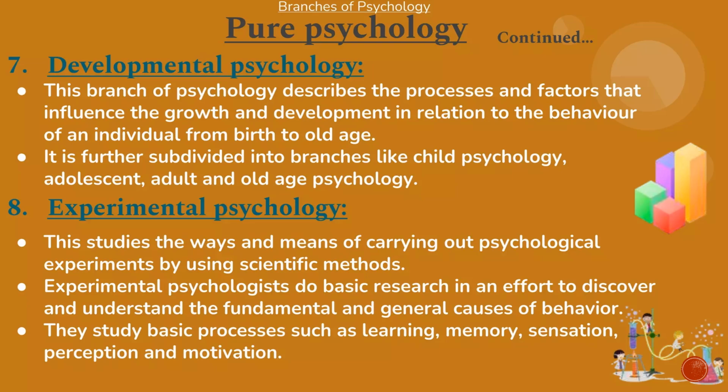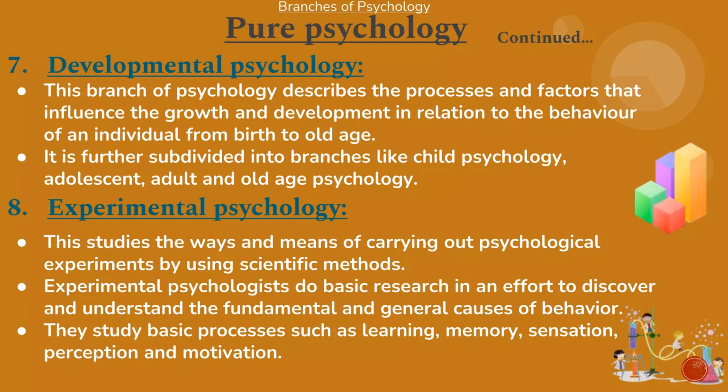Developmental psychology studies the development of the person across the ages. For example, from childhood or from birth, how the person is growing and what phenomena are attached to the psyche of the person across his lifespan. Experimental psychology deals with the experimental part of behavior or phenomena which are described due to experiments.